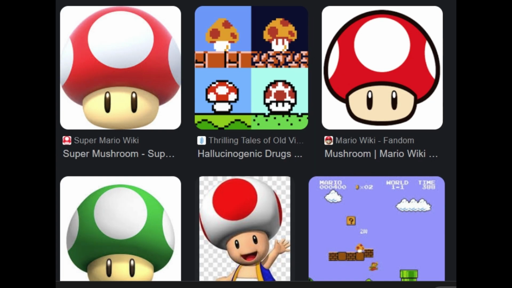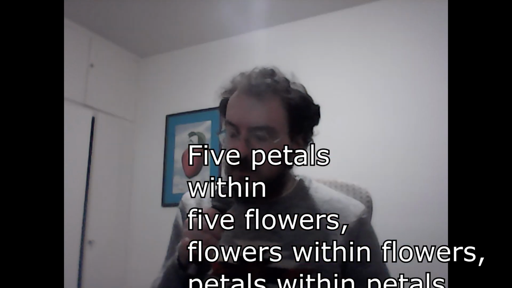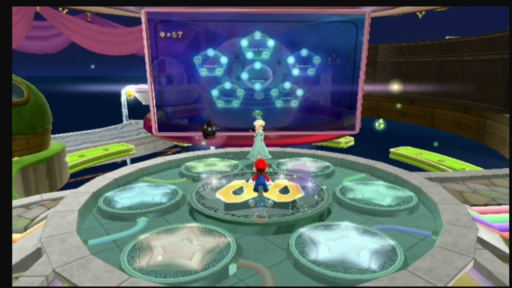And so when we're saying structures within structures in the Mario world, I feel that often you get this idea of circles within circles. For example, this whole worlds within worlds idea. Mario Galaxy has it as well. You've got worlds within worlds. You've got circles within circles.